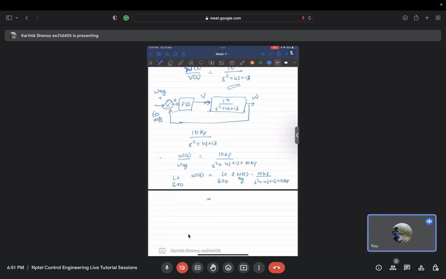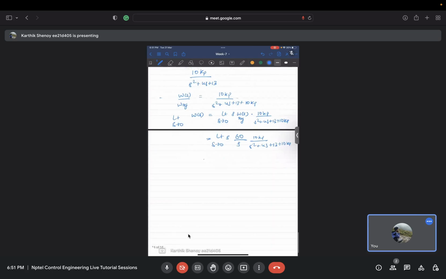That is equal to limit s tending to 0 of s times 60 by s, because it's a step input, times 10 kp by s square plus 4s plus 13 plus 10 kp. So what is this? This will be 60 into 10 kp by 10 kp plus 13.